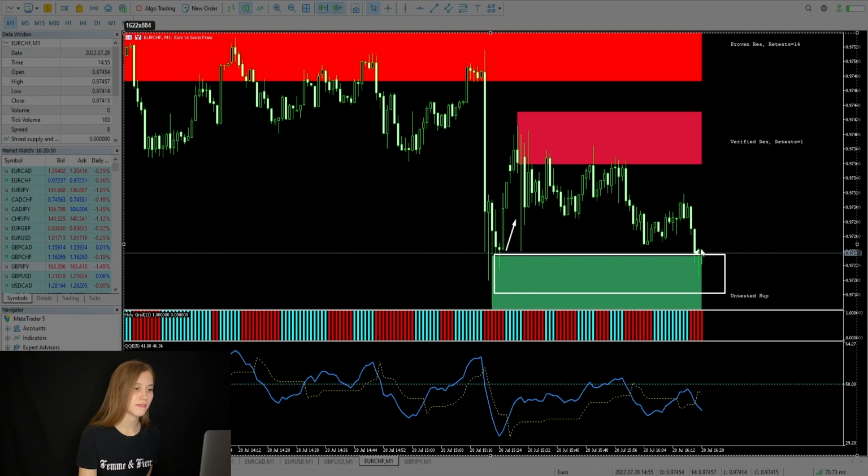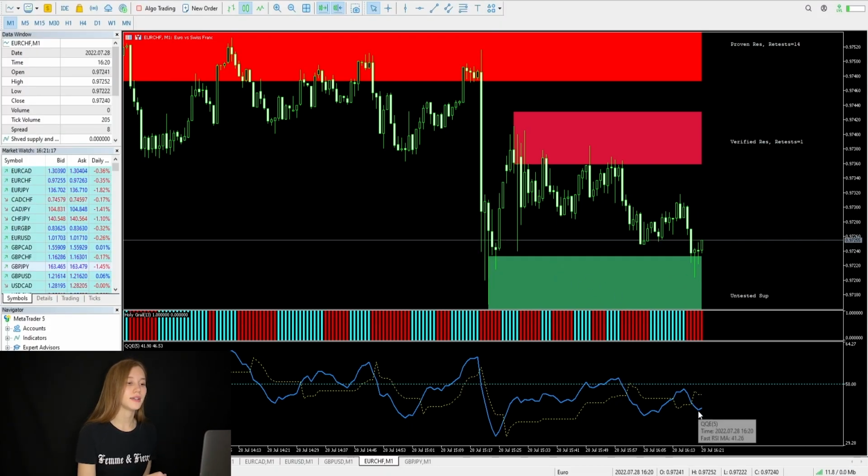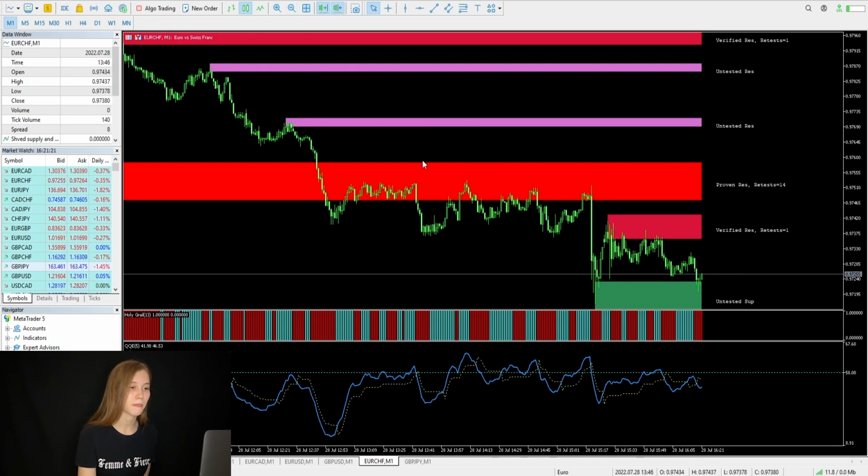We also have movement going up, and the support zone should work out. As you can see, this green area, and here we also observe a potential reversal, and based on this we open the deal to buy. Let's move on to the Quotex.